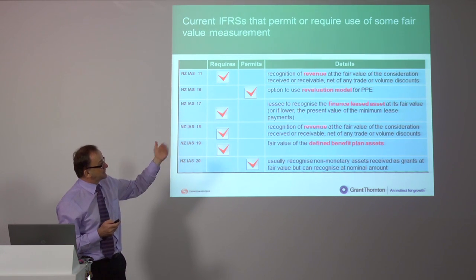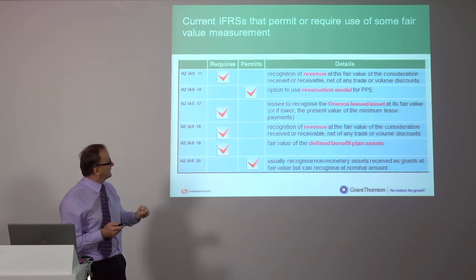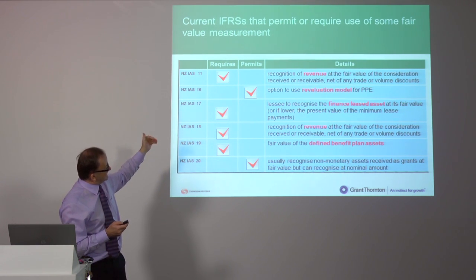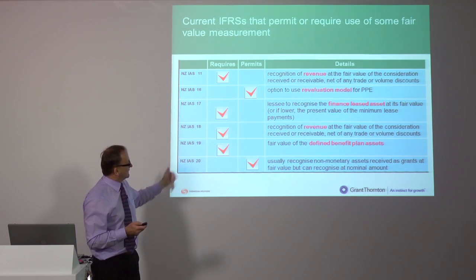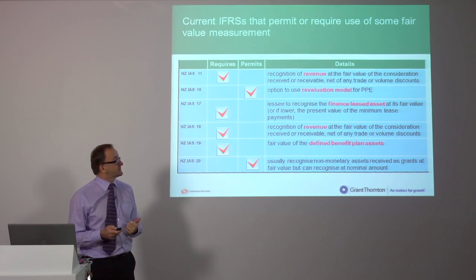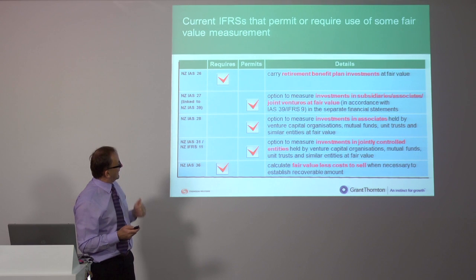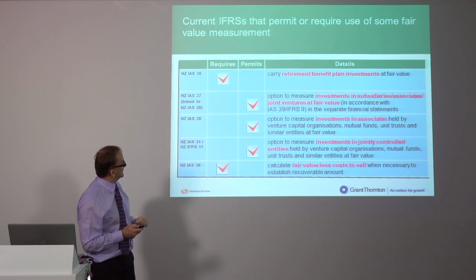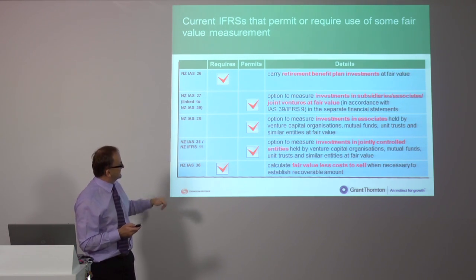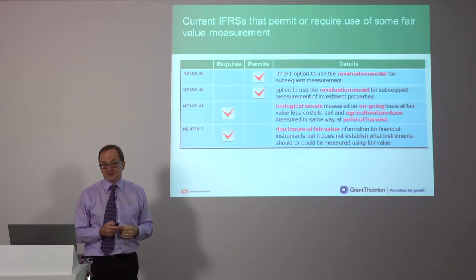Again, it's a permission to use the revaluation model, not a requirement. Bear in mind that. 17 with leases, 18 with revenue recognition, and so it continues. Even with government grants, the fair value of donated items needs to be recognised. And so it continues through these standards which we've just been talking about, IFRS 11, impairment of course, and the list goes on.